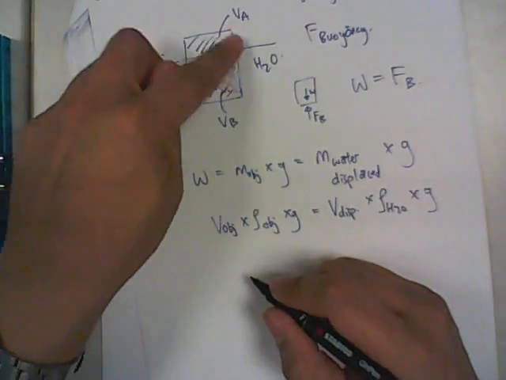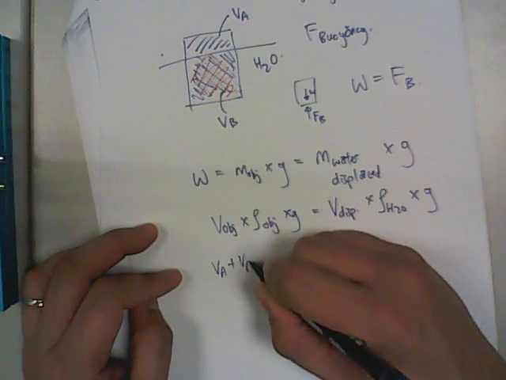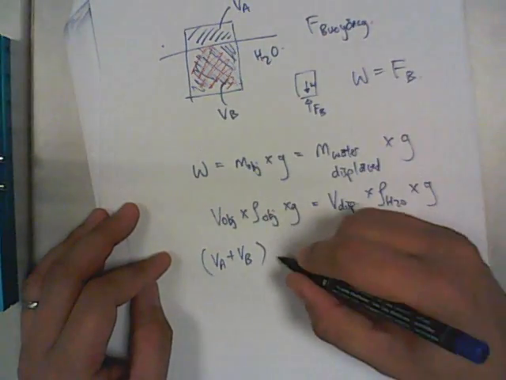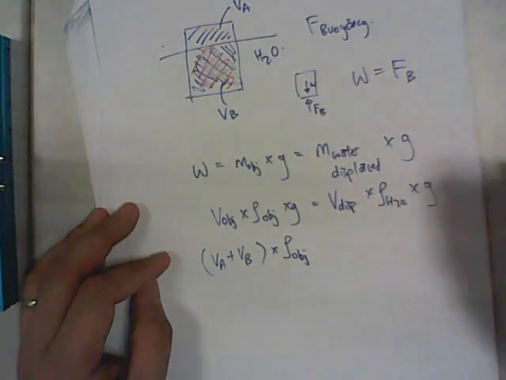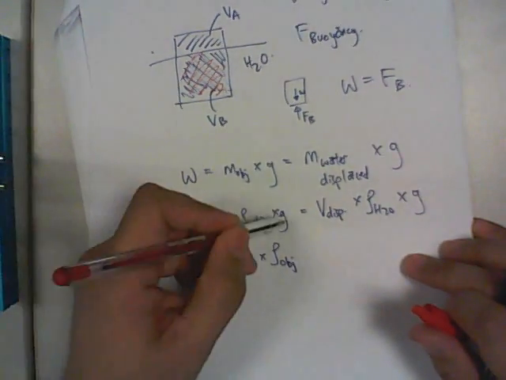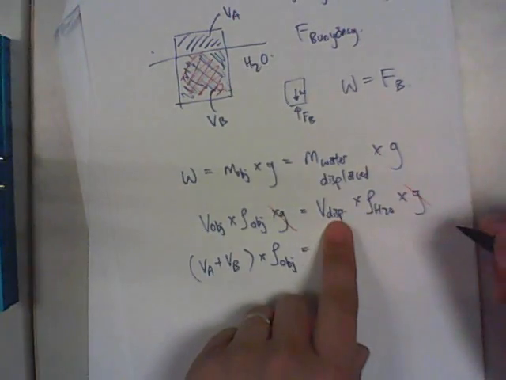Volume of object is basically the whole thing, VA plus VB. And density of the object is just the density. And actually since both sides have gravity, we can cancel out, and that leaves us with this.